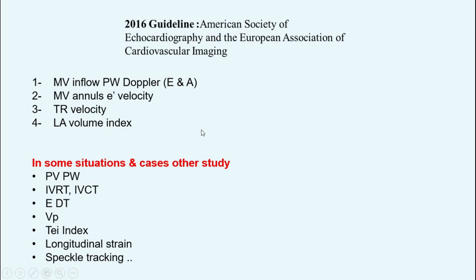In some specific situations and cases, we have to measure other parameters, including pulmonary vein Doppler, IVRT and IVCT, E deceleration time, velocity propagation, Tei index, and sometimes strain study.